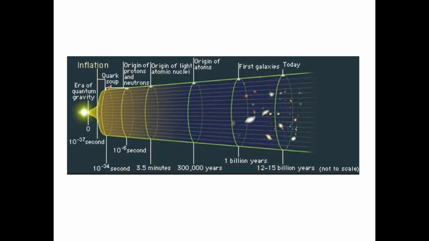But after that, there is a quark soup, and then the origin of protons and neutrons first occurred, then the origin of the light atomic nuclei, then the origin of atoms after some time, and then the first galaxies formed, and we have galaxies right now. And here is the time frame as well. So these pictures briefly explain the whole story.